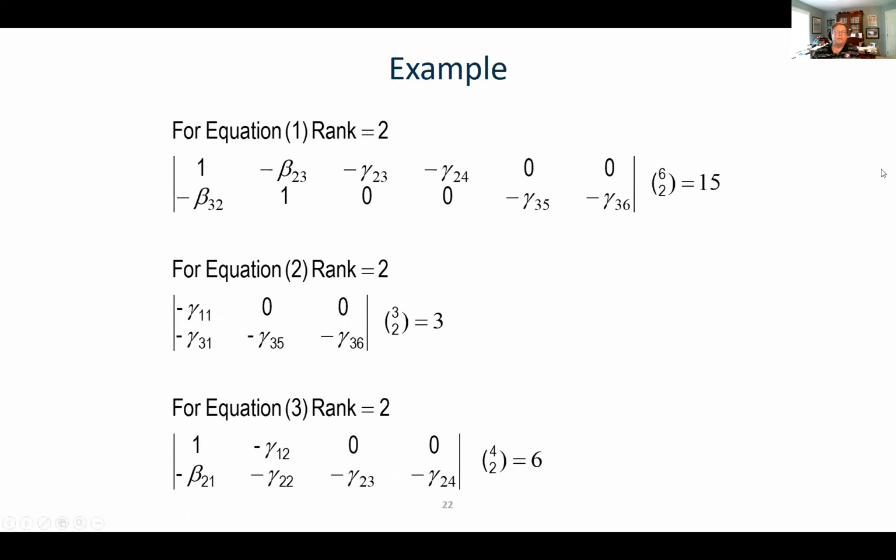So when that happens, we get a determinant here, or we get a set of coefficients. What's being considered here is the set of coefficients that are excluded from equation 1, but appearing in other equations.